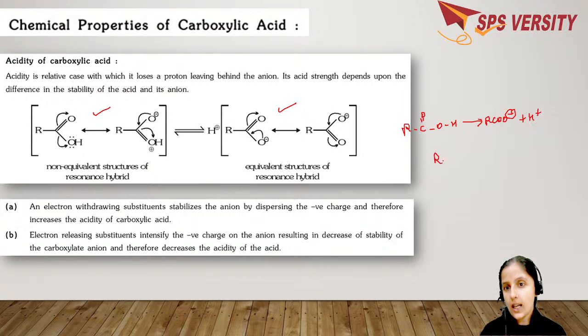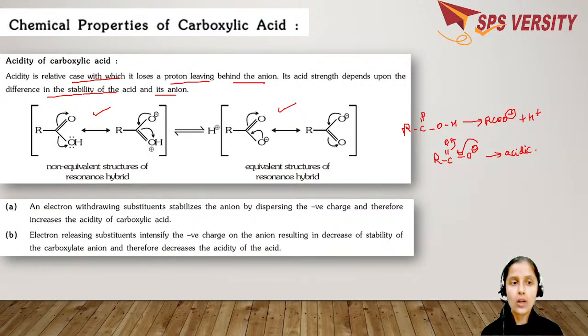The carboxylate RCOO minus is in resonance, because of which it is considered more acidic compared to alcohol. So acidity is the relative ease with which it loses a proton, and you get the anion called the carboxylate ion. Its strength depends on the difference in the stability of the acid and its ion. Depending on which is more stable, the acidity is determined.